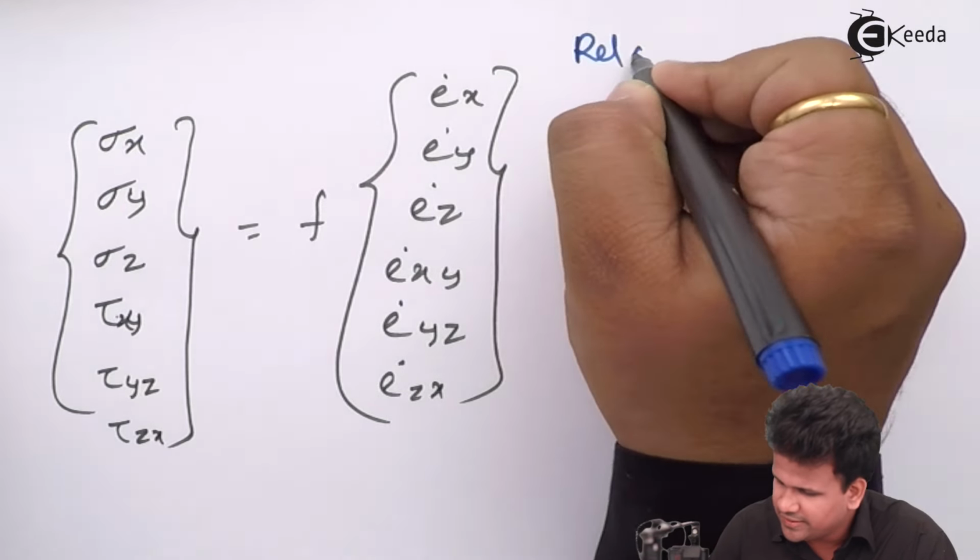So this is ∂²u/∂x² plus ∂²v/∂x∂y plus ∂²w/∂x∂z.